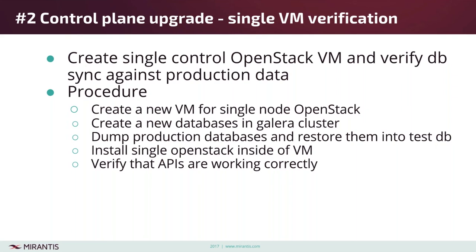We're going to create a new single node Galera cluster sitting on that, and then we're going to dump the production databases and restore them into that test database. After that, the services will be brought online on this test VM, and we'll verify that the APIs are still working and that the schema changes were performed appropriately. So this is our verification step.